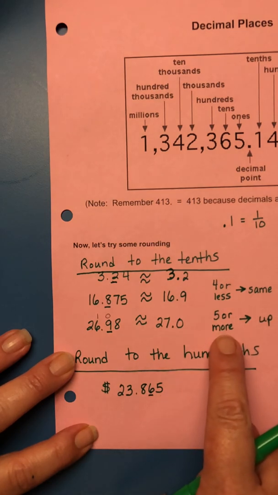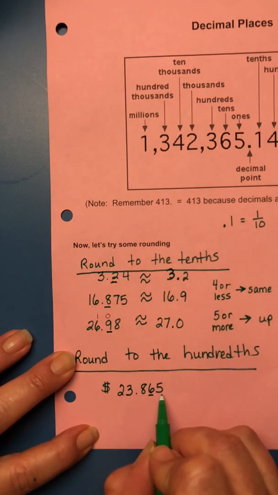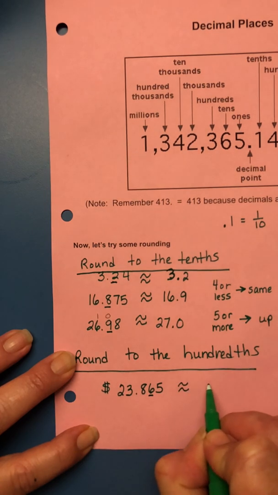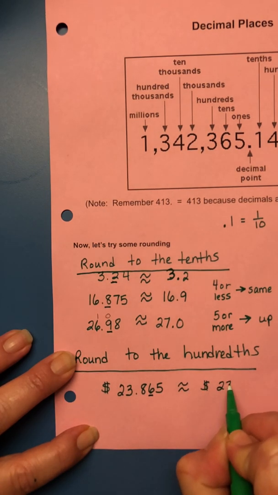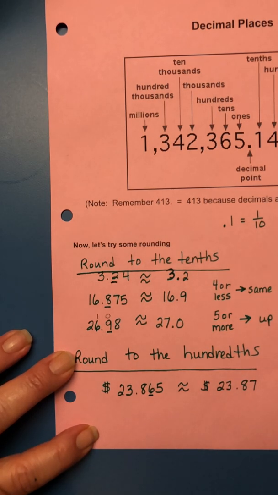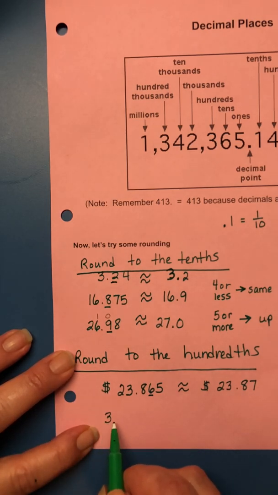This is 5 or more. The number goes up, so this 6 is going to go up. So this is going to be approximately $23.87.